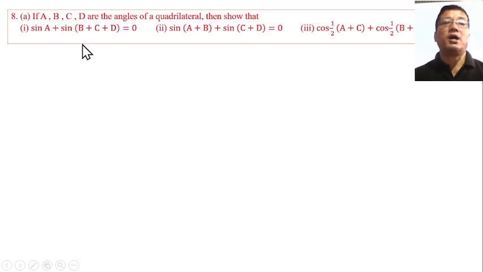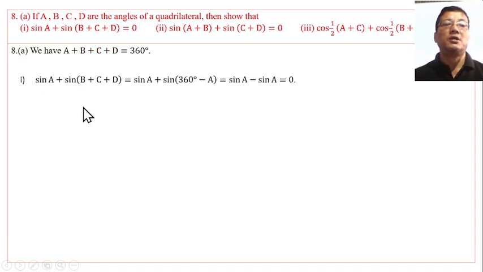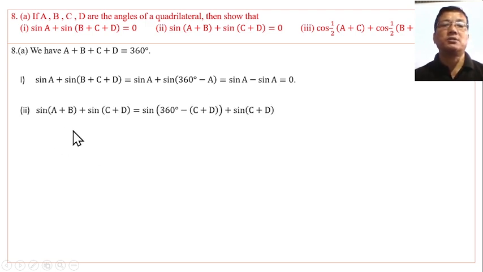If ABCD are angles of a quadrilateral, then the sum of the angles in a quadrilateral is 360. Then the angle sine of 360 degrees minus A upon sine of 360 degrees minus A, minus sine, equals 0. So the right hand side: Roman number 1 and Roman number 2 use the sum of the angles, 360.